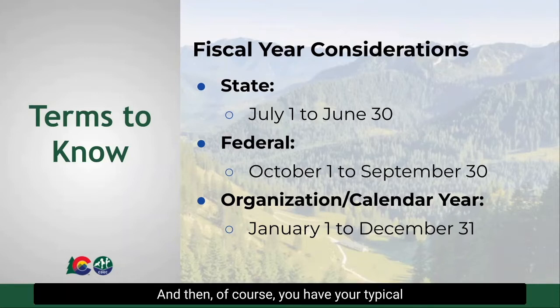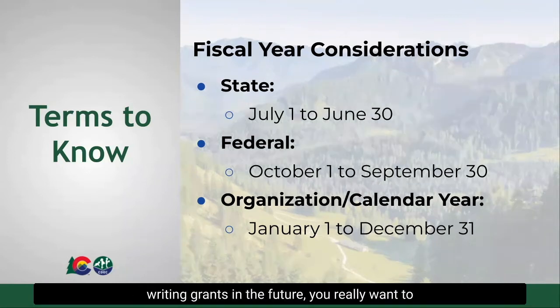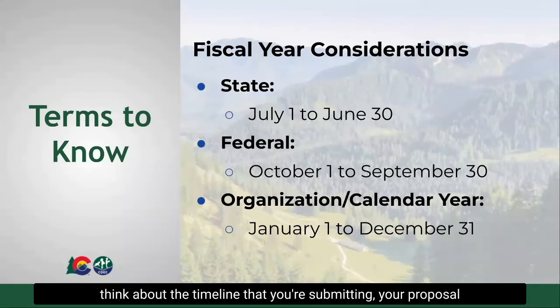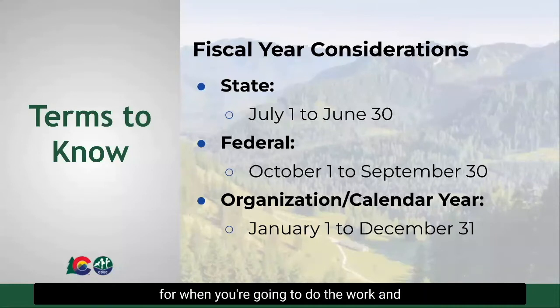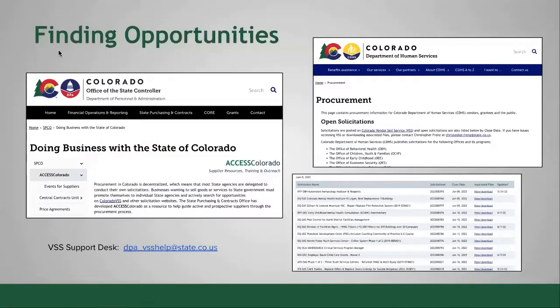And then, of course, you have your typical calendar year, or what might be your organizational year, from January 1st to December 31st. We bring this up because as you're thinking about writing grants in the future, you really want to think about the timeline that you're submitting your proposal for, when you're going to do the work, and what your budget's going to look like. We're going to talk about that in just a little bit as well.